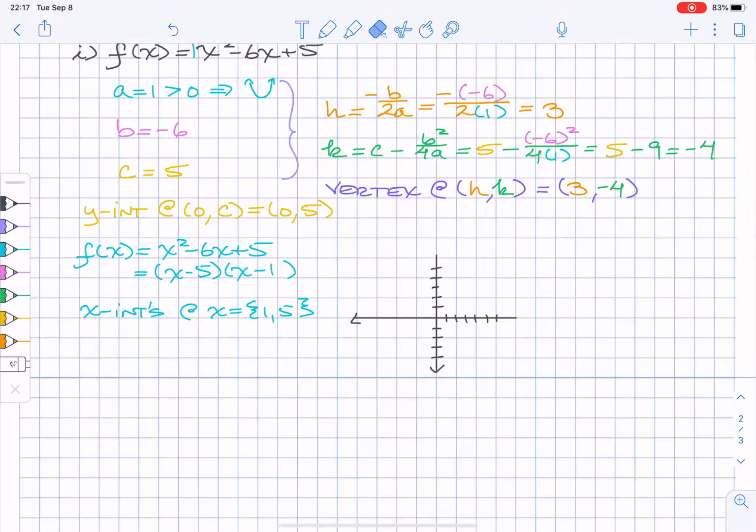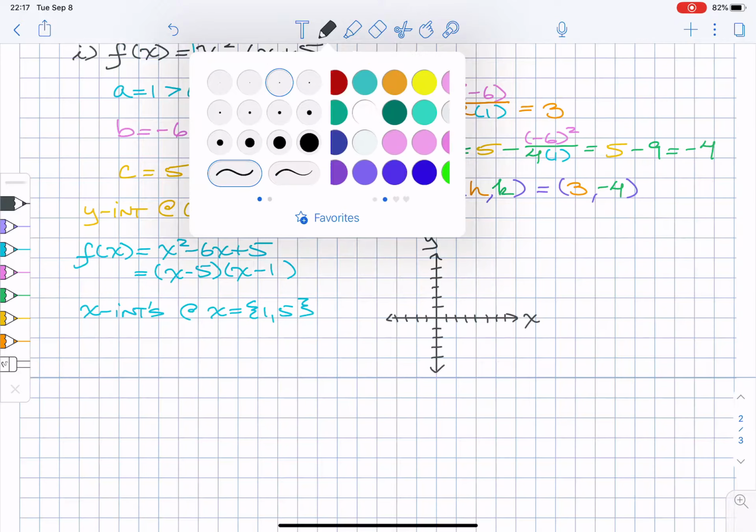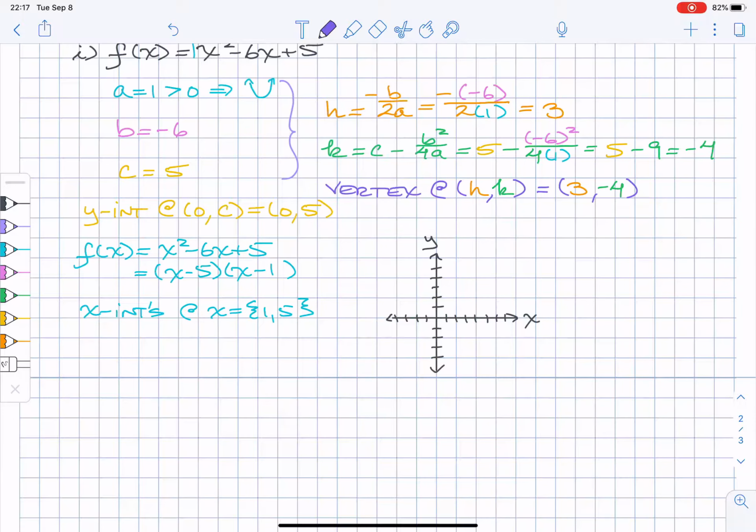And I can make it a bit smaller now. 1, 2, 3, 4. So x and y. Okay, so my vertex is at 3 comma negative 4. So let's plot the vertex. Go to the right 3, down 4.